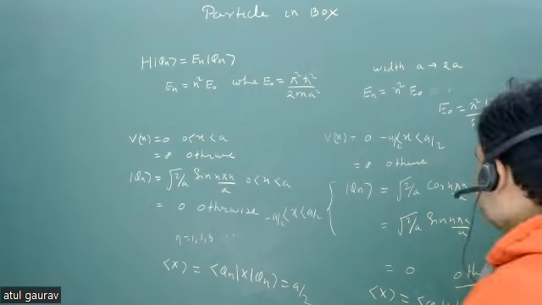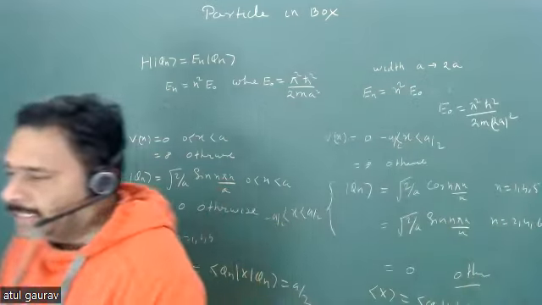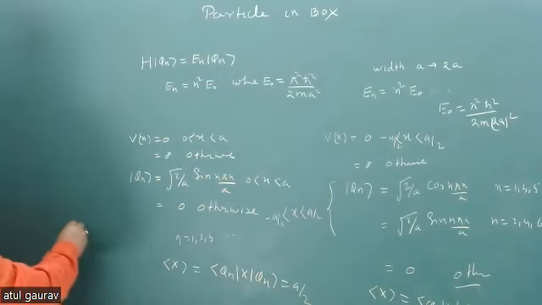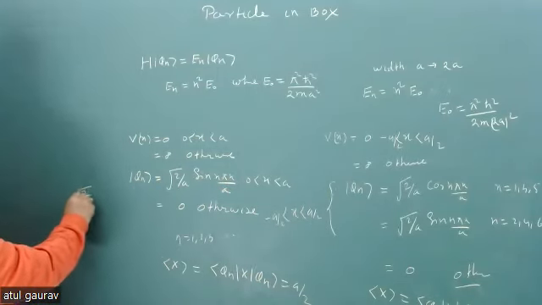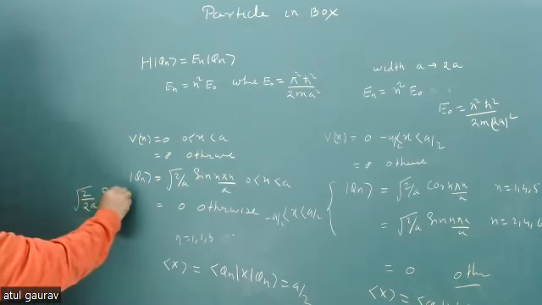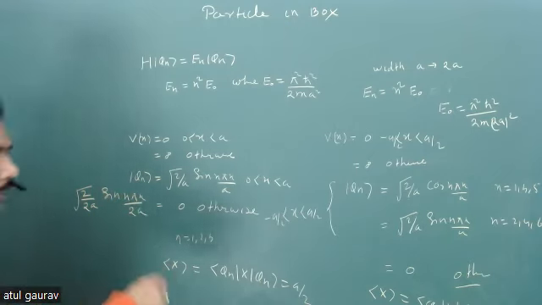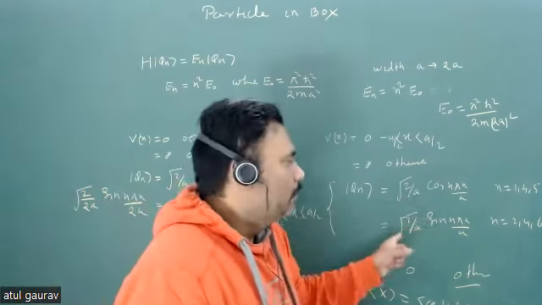Similarly, the wave function is also going to change. How will this function change? The normalization constant will be 2 upon 2a, and you will have sine n pi x by 2a. Similarly, you will change this here.